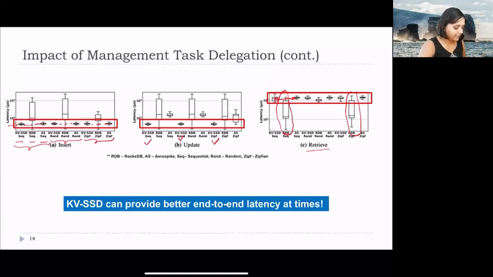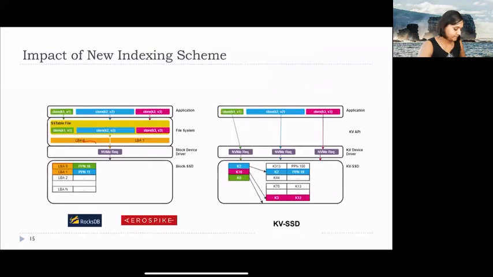But still, for random IOs, KVSSD is doing an on par job. So this shows us a great deal of advantage of using KVSSDs compared with block SSD, comparing the end-to-end latencies.